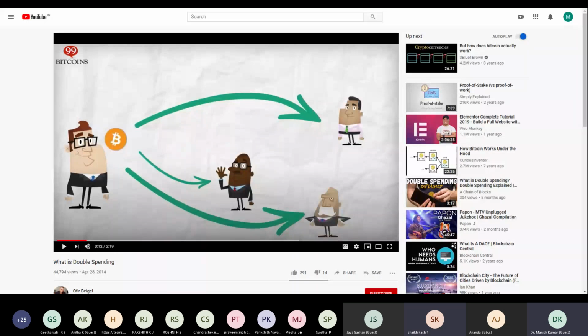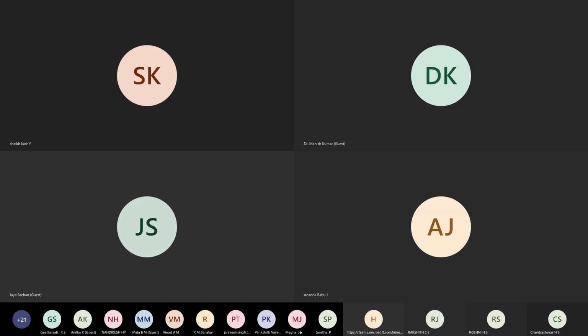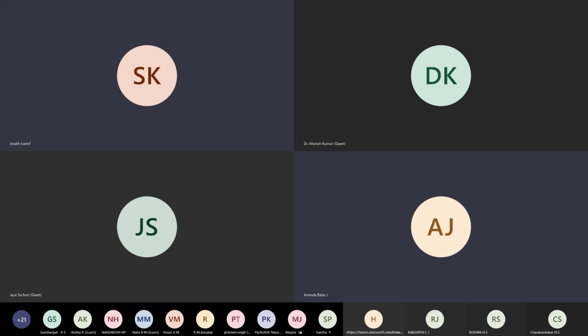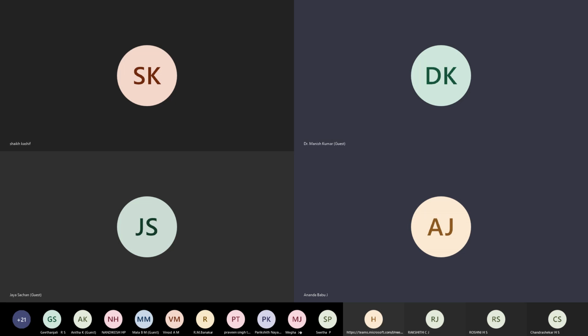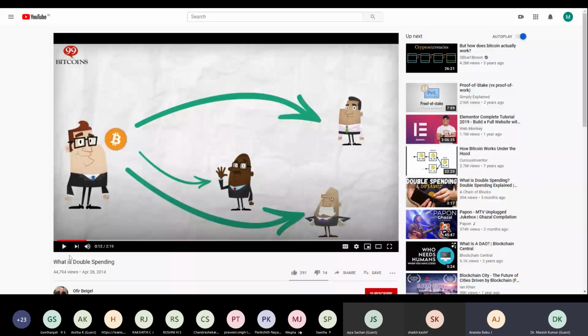Okay, just let me try. Excuse me, sir. Yeah, Manish, sir. While you are sharing the screen, you have to enable the system sound. You'll get an option saying include computer sound. But it is not coming here. It has only the Chrome tab, and when I share, it is not giving me the option.